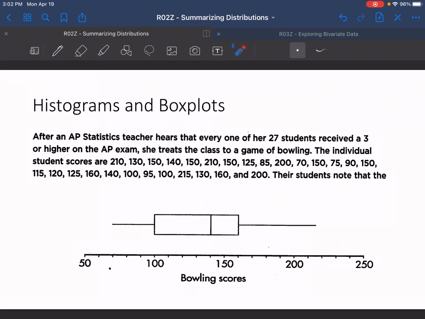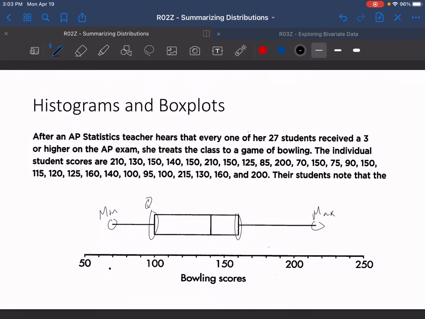So if we're looking at a box plot and we're trying to read this, essentially we need to know a couple things. First, we need to know these 2 points right here. This one's going to represent the minimum point, this one's going to represent the maximum point. We also need to know this right here.